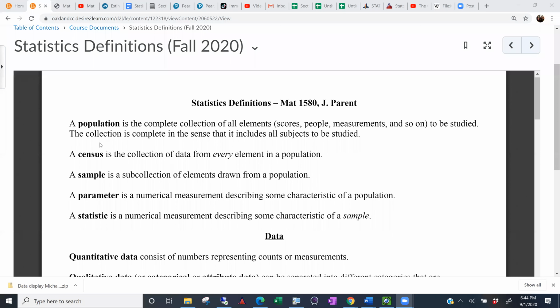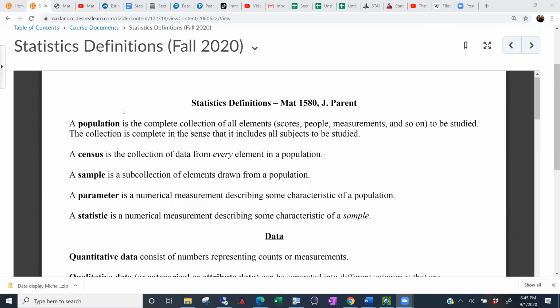Now we're going to start out with a nice general definition of a population as the collection of all elements, that is scores, people, measurements, and so on, in whatever you're interested in studying. So it's complete in the sense that it includes every object or subject that you're going to study. That's your population.